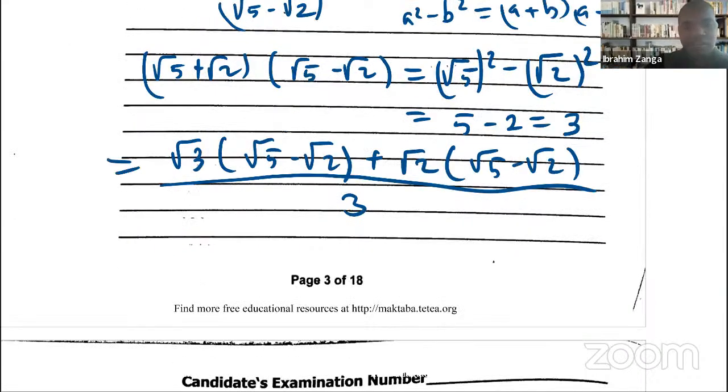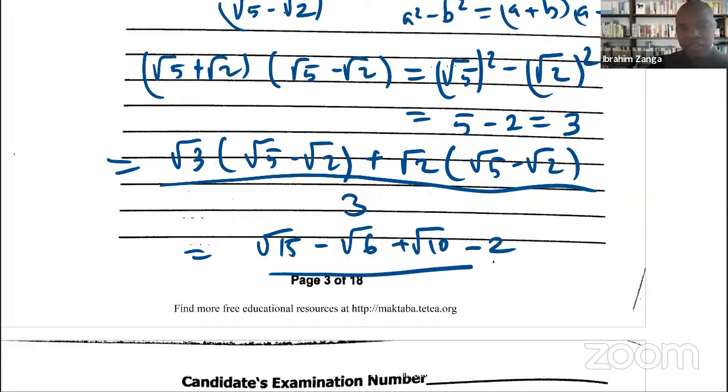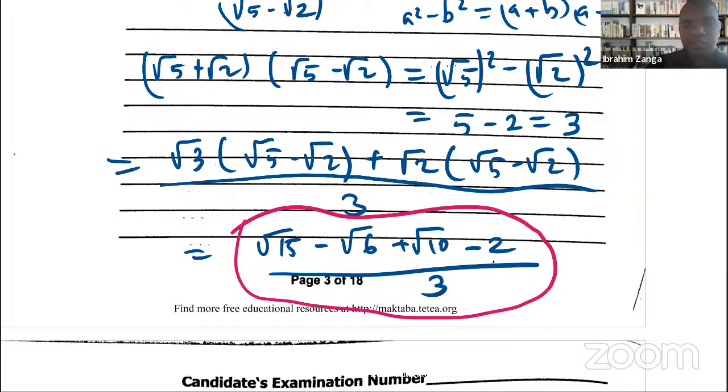When you simplify further, now you're going to get square root of 15 minus square root of 6 plus square root of 10 minus square root of 4, which is 2. You divide by 3. And this one here can be our final answer, dear students.